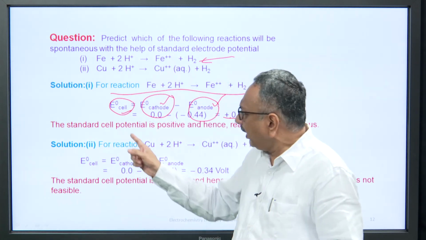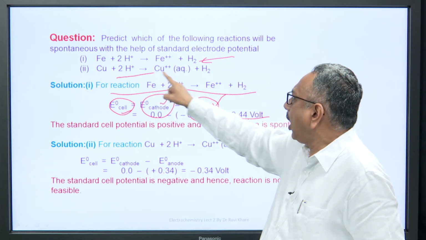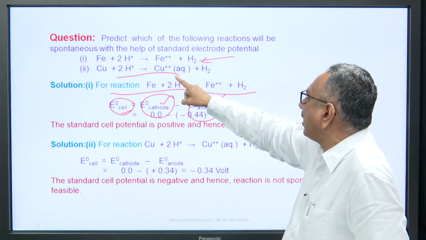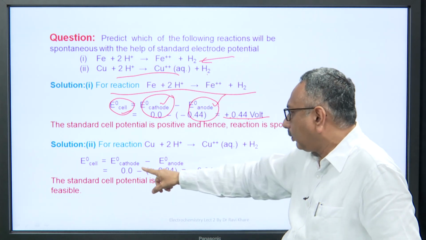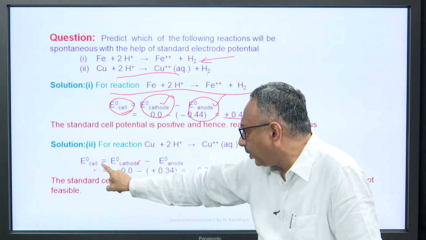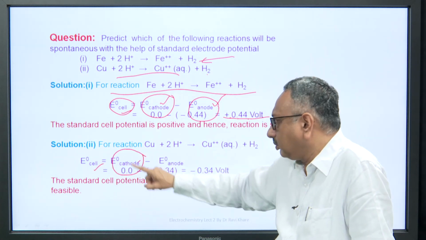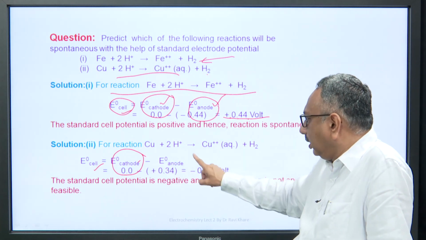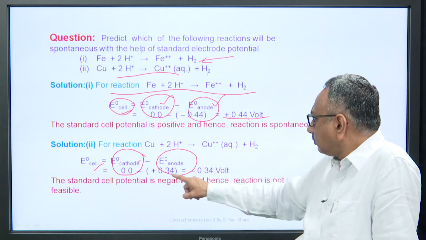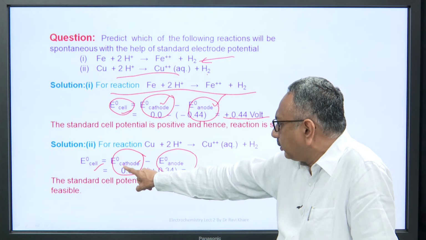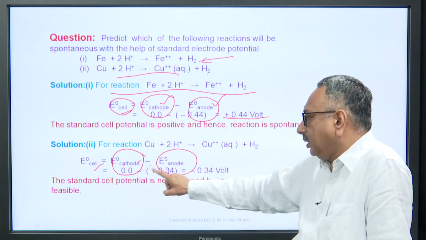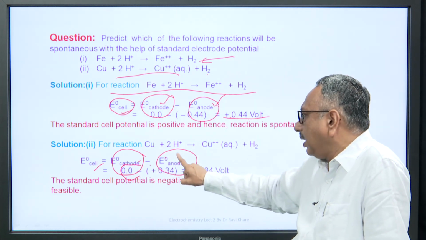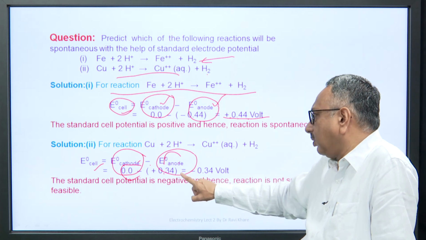Now, consider the second reaction, Cu plus 2H+ gives Cu++ plus H2. Calculate the standard electrode potential. This is 0, the standard electrode potential of the hydrogen electrode. It is given to you. E0 cathode minus E0 anode. This value is 0, this value is plus 0.34 volt.